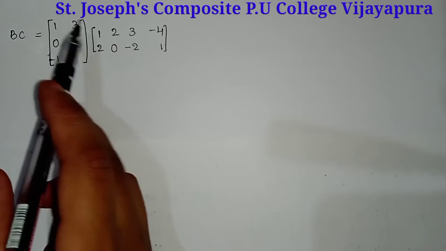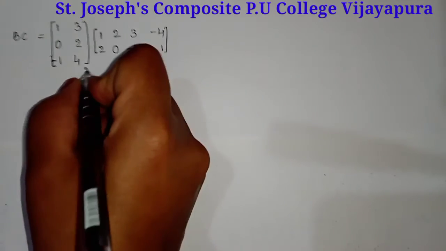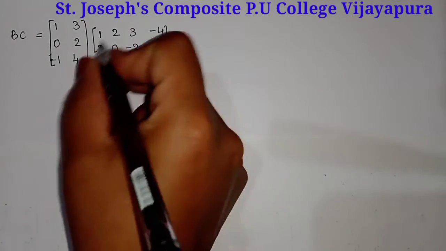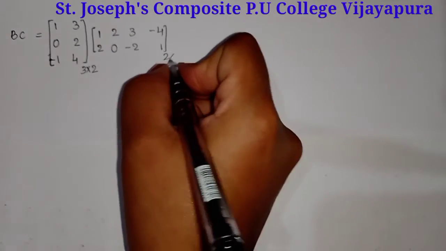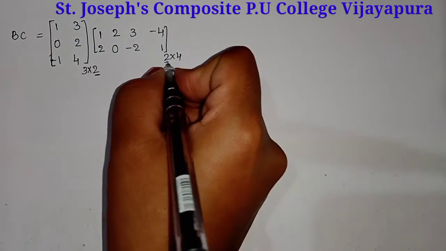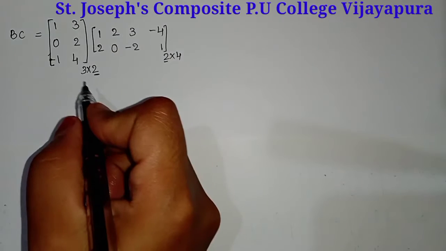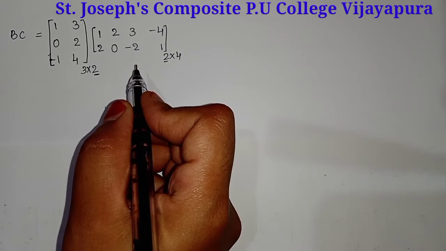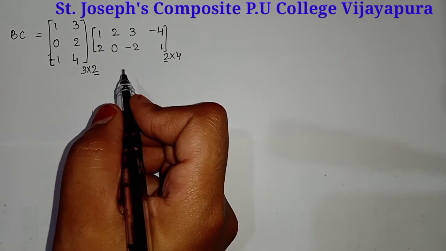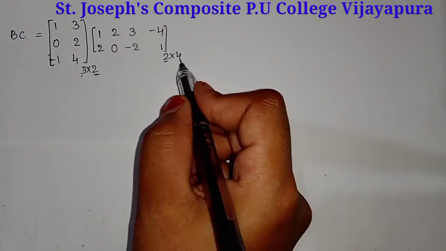Here the B matrix is of order 3 by 2, and the C matrix is of order 2 by 4. See, the first matrix's columns are equal to the second matrix's rows, both are the same. Therefore, our matrix BC is defined. So, the required matrix BC is of order 3 by 4.